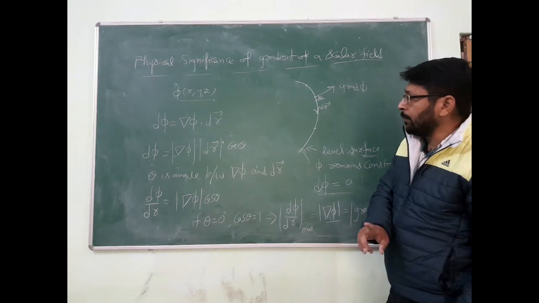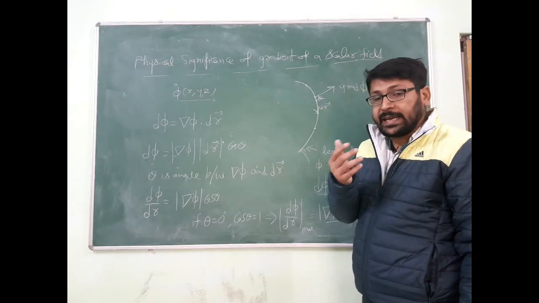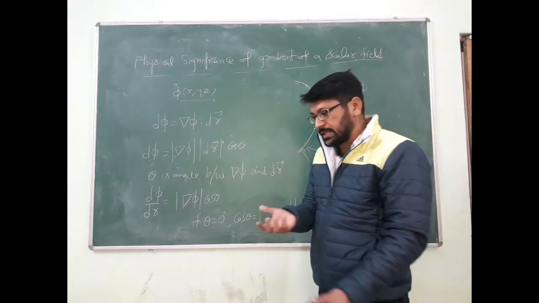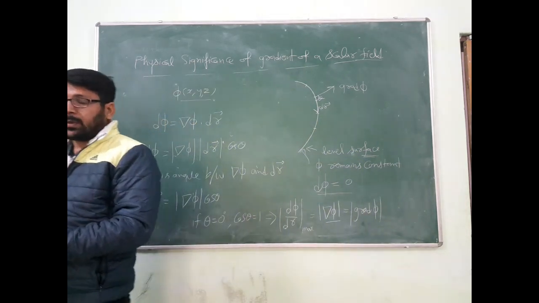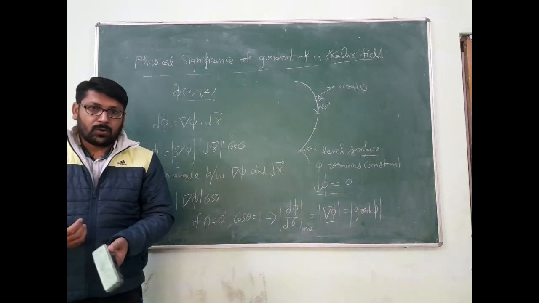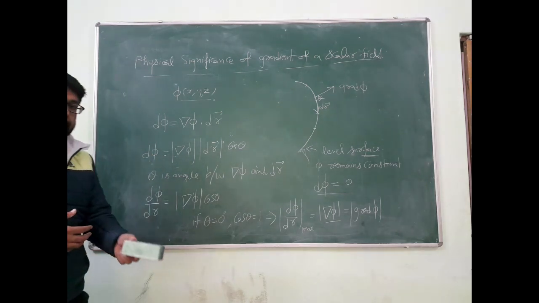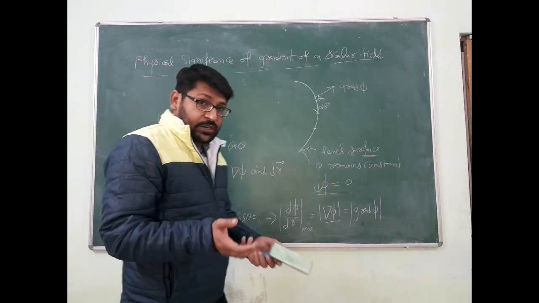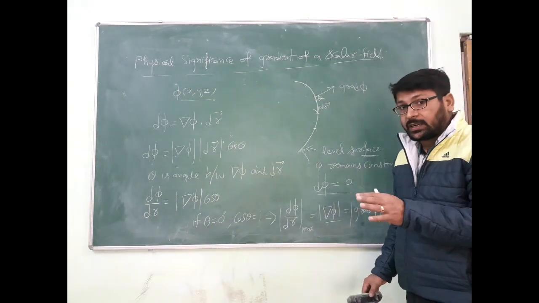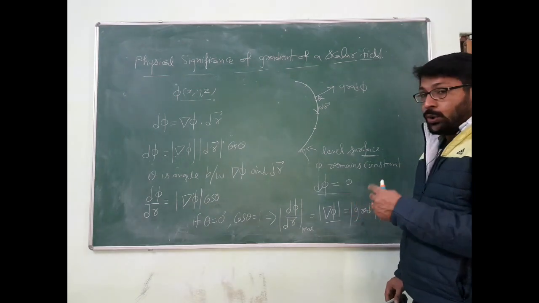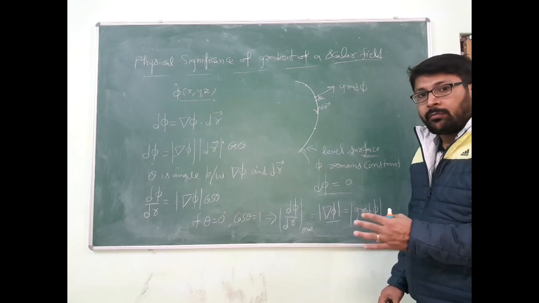One thing you should remember: the scalar is a scalar function, but when you operate the gradient or del operator on a scalar function, then ultimately we get a vector function. Gradient of phi is a vector function, and because it is a vector function, it has to have some direction and some magnitude.